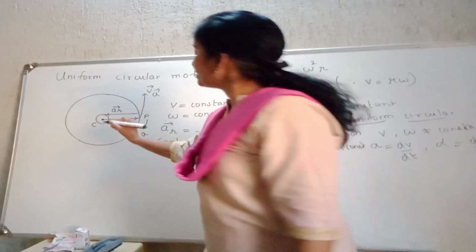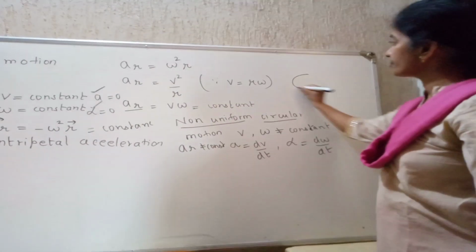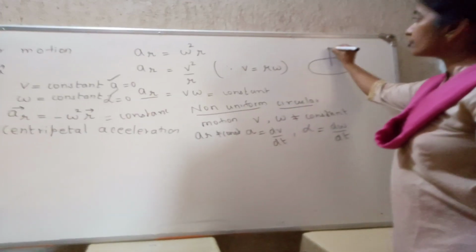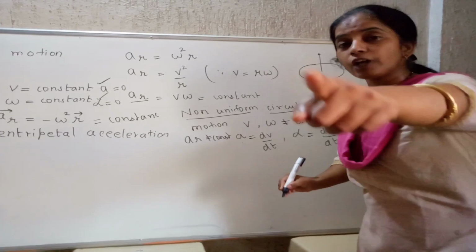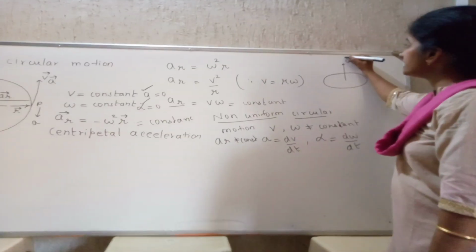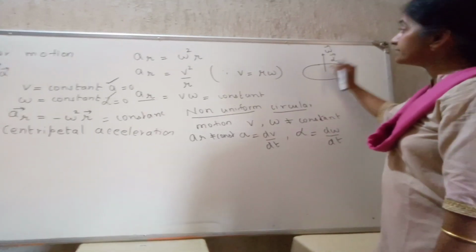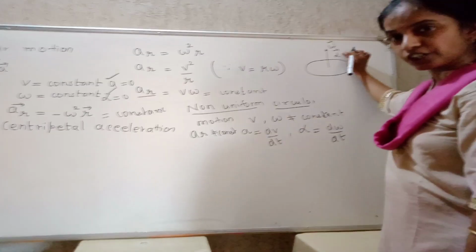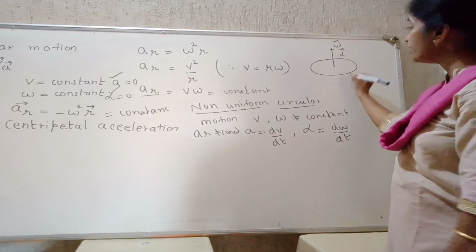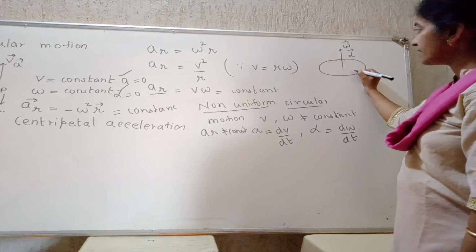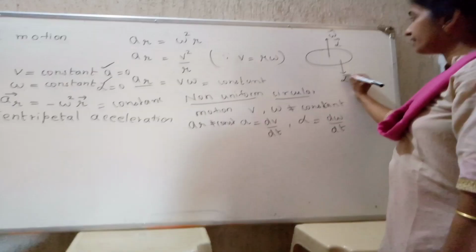Similarly, angular velocity changes. If the angular velocity increases, alpha is in the direction of angular velocity. If angular velocity decreases, alpha is in the opposite direction.